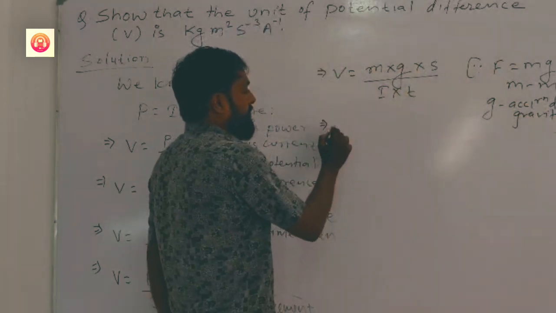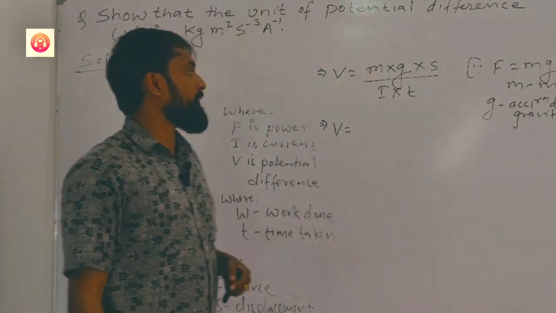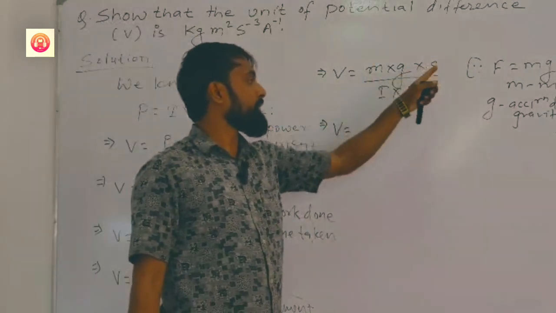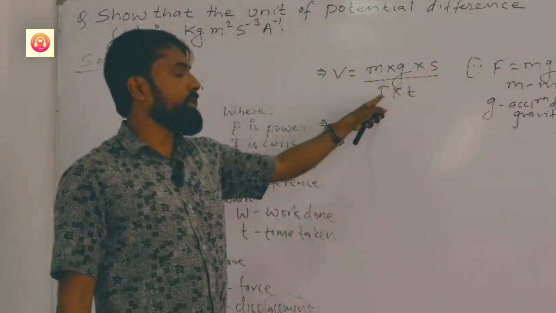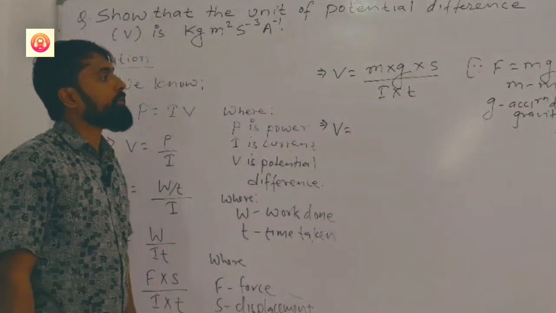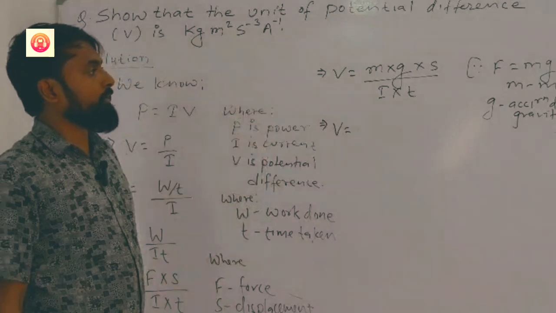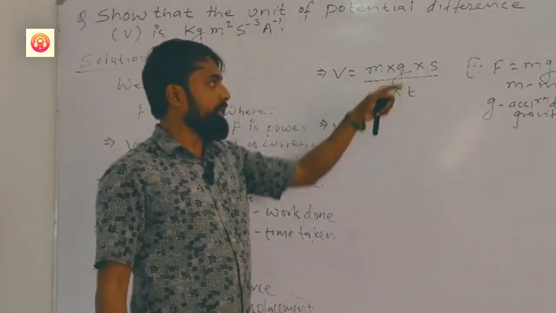So here we have mass as a fundamental quantity, displacement is a fundamental quantity, current is a fundamental quantity, and time is a fundamental quantity. So we have this g, acceleration.